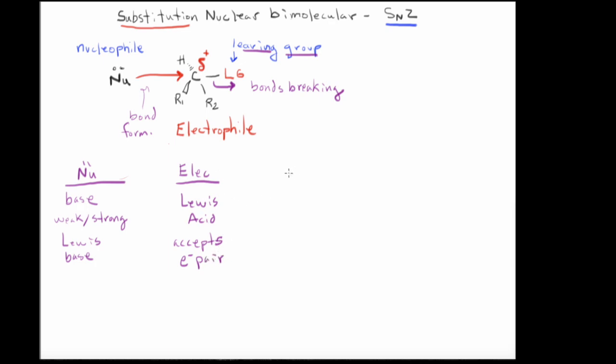All right, and then the leaving group, which I'm just going to continue to abbreviate as LG, this is also a base. Good leaving groups are weak bases. They're highly stable. In terms of their nuclear charge, they have a low affinity. The good ones have low affinity for hydrogen.